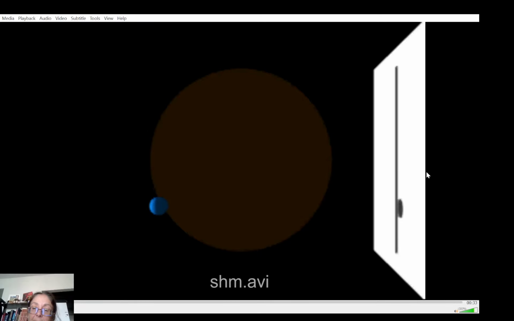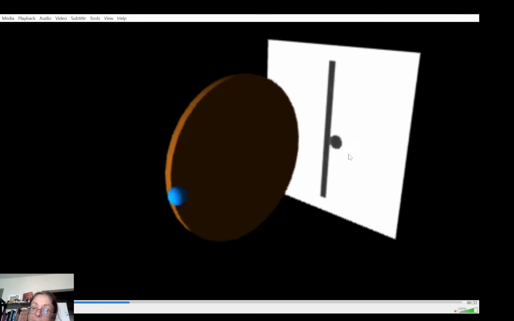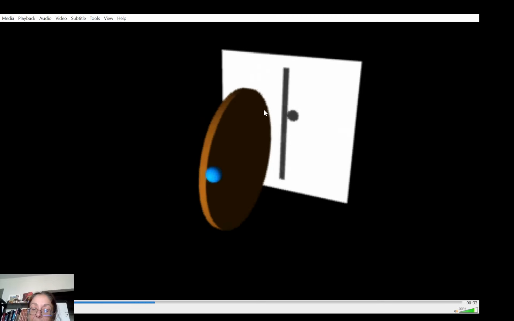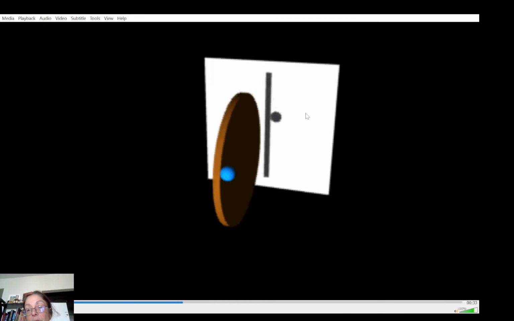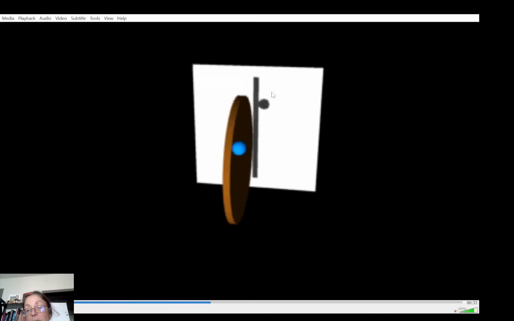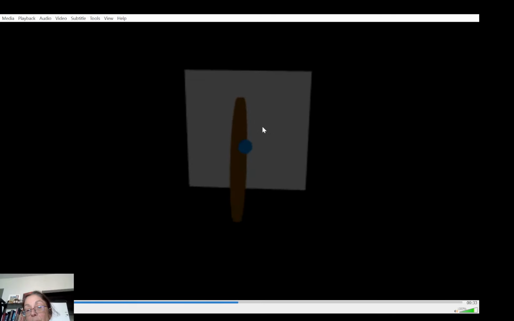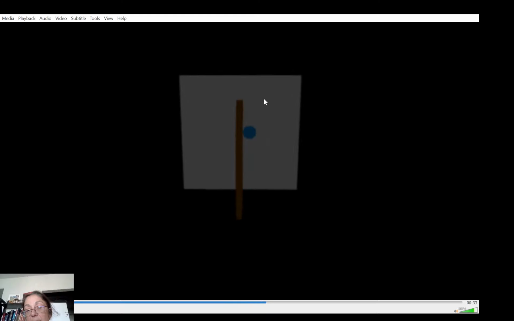So you see here, if you focus on the right, that will be the projection of the motion on the screen, and you see it's very much like the mass on the spring going up and down, right?